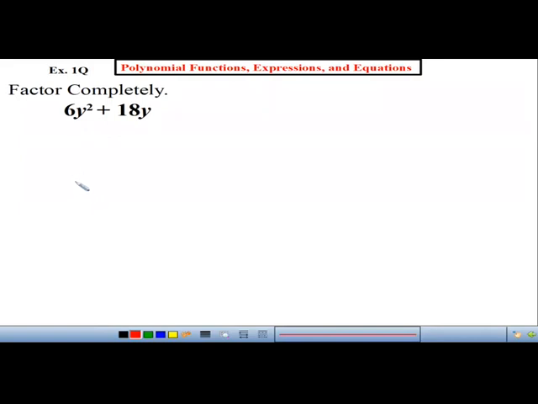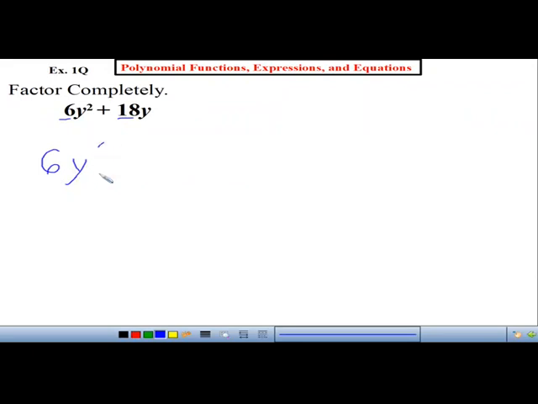Do they have at least 2 y's for each term? No, only one y, so I write y. Next, what is the biggest number that divides 6 and divides 18? 6, right? That's the biggest number that divides 6 and 18.